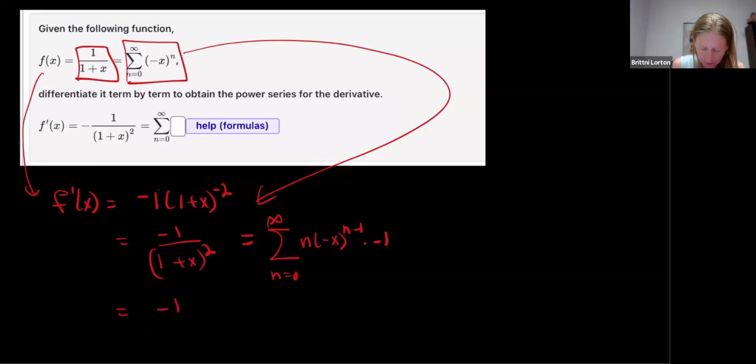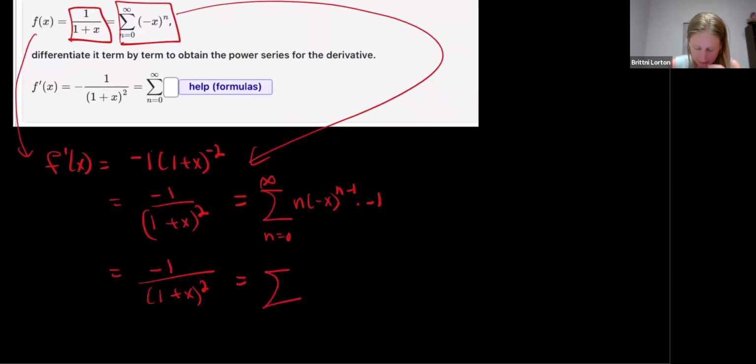So this will become the negative 1 over 1 plus x squared equals, I'm going to rewrite that as the sum from n equals 0 to infinity of negative n times negative x to the n minus 1. But that negative x to the n minus 1 could be written as negative 1 to the n minus 1, and then an x to the n minus 1.